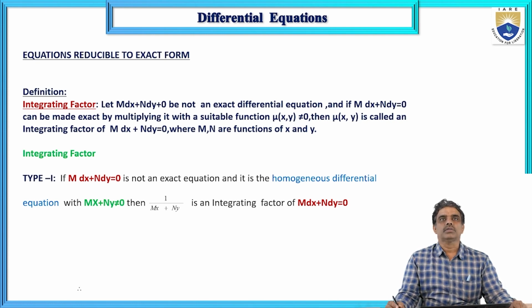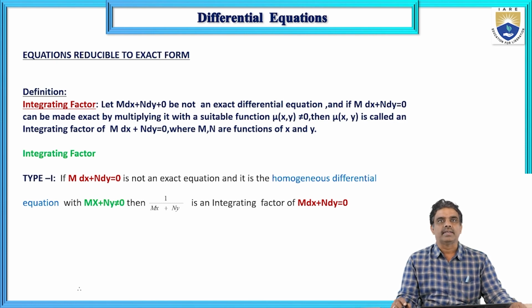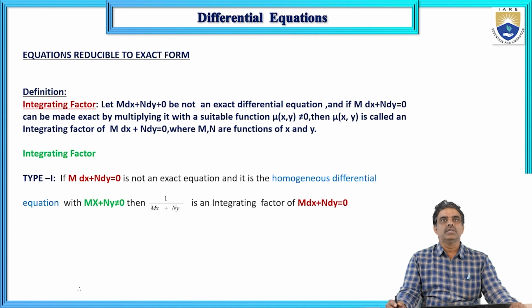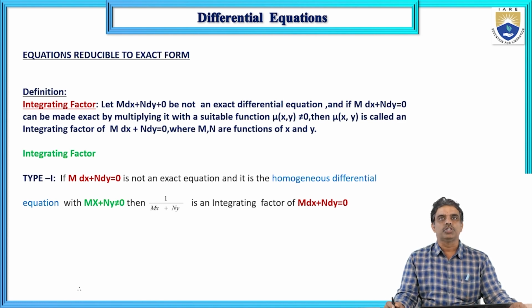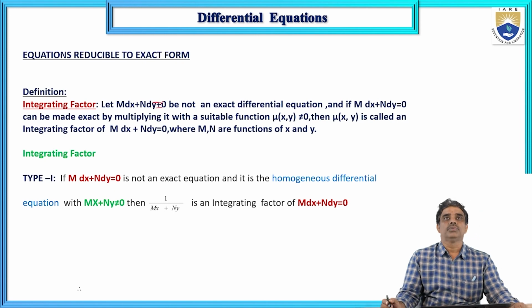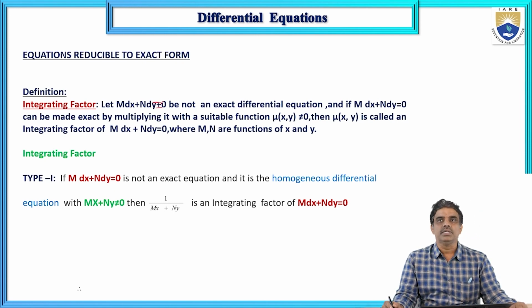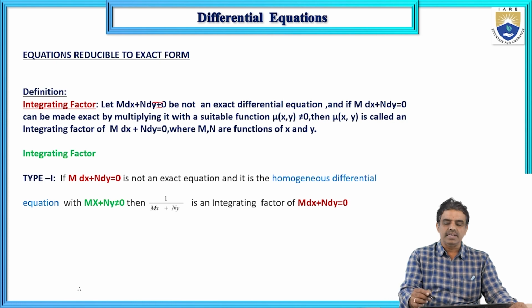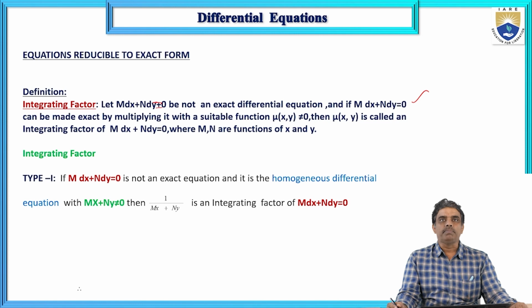Before reducing to exact form, we see one definition: integrating factor. What is an integrating factor? Suppose M dx plus N dy equals 0 is not an exact equation, and it can be made exact by multiplying it with a suitable function mu of x, y not equal to 0.